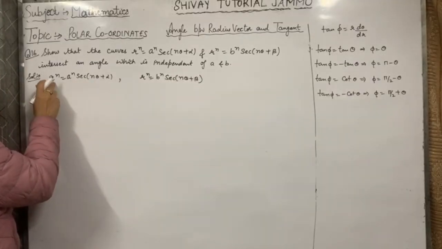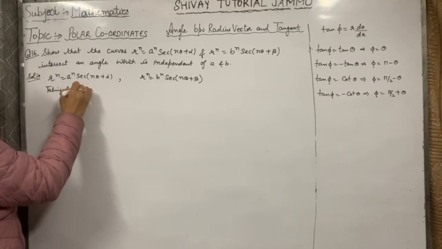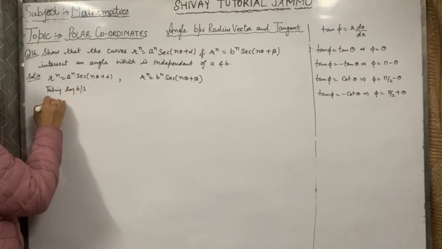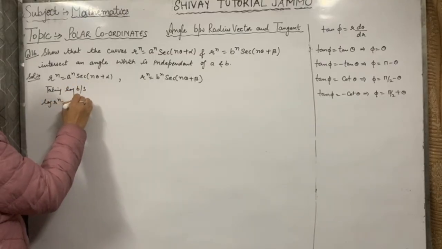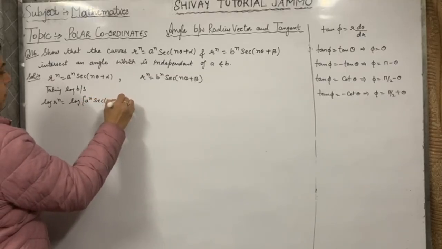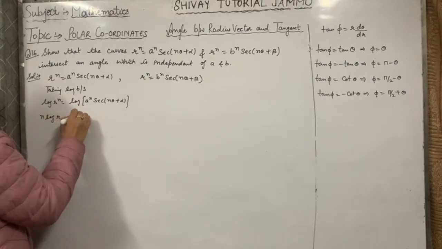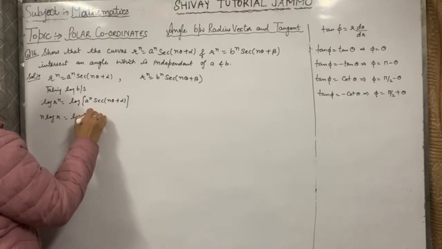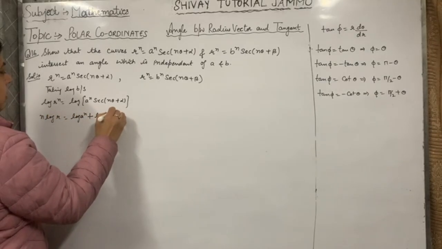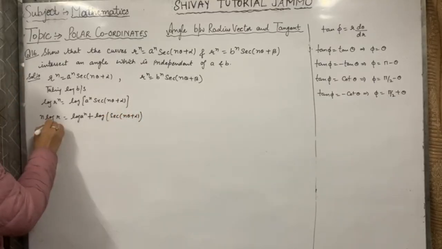Taking log on both sides: log r raised to power n equals log of a raised to power n sec n theta plus alpha, so n log r equals log a raised to power n plus log sec n theta plus alpha.